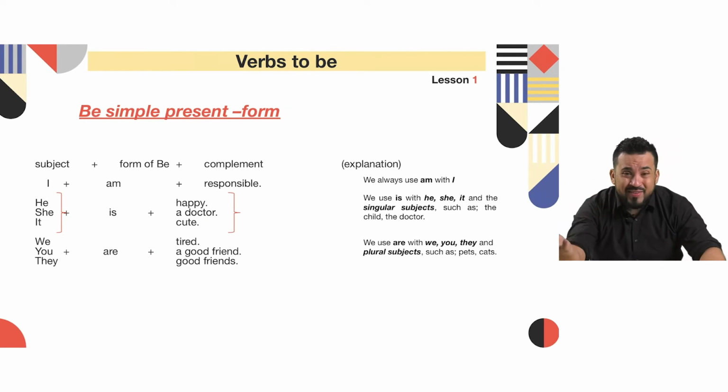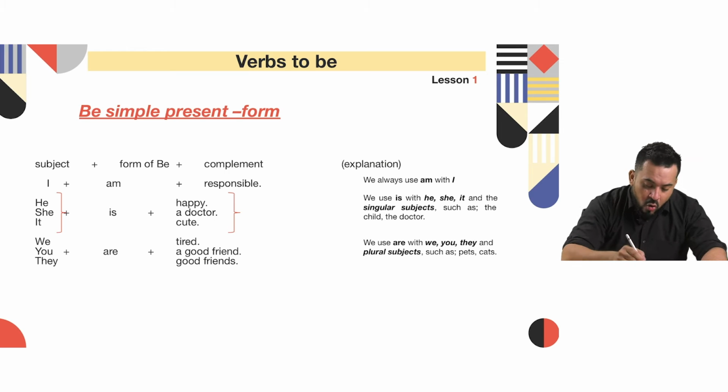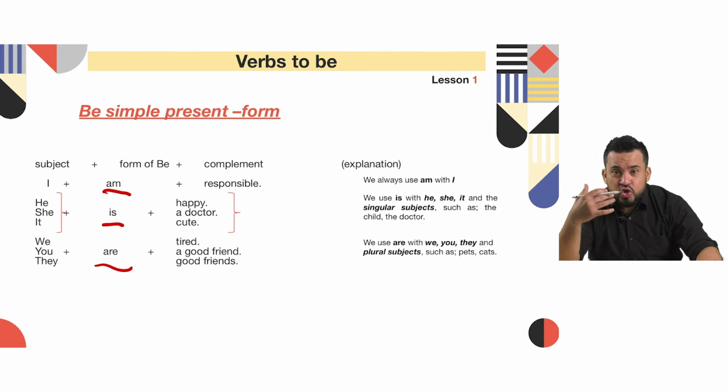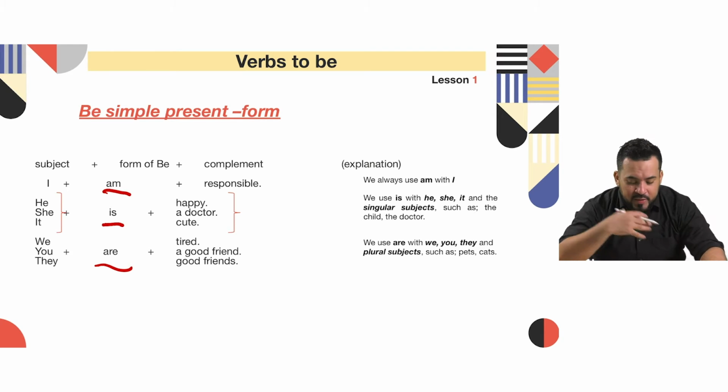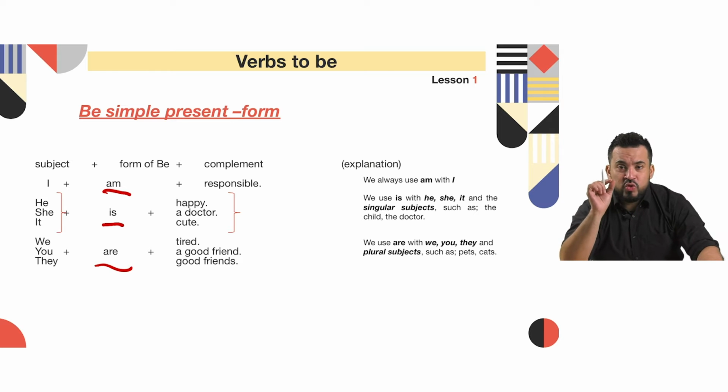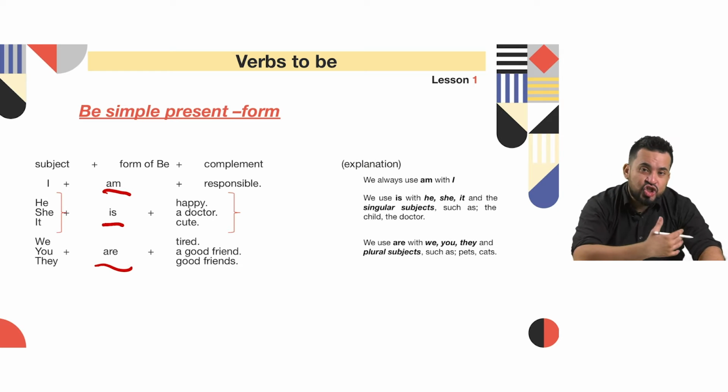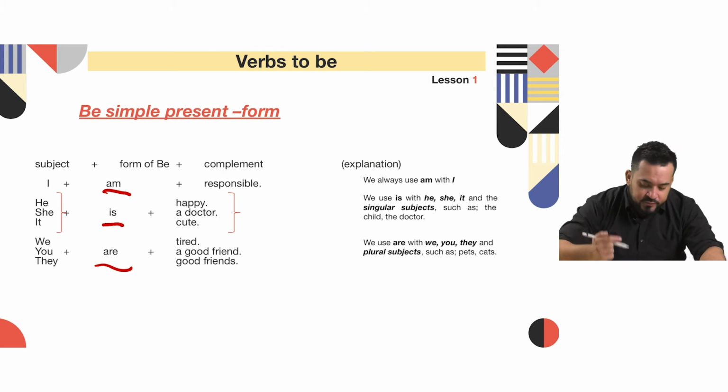Okay, now what are the verbs to be? The verbs to be are basically am, is, are. Am is used with I: I am. Is is used with he, she, or it. So we say he is, she is, it is.